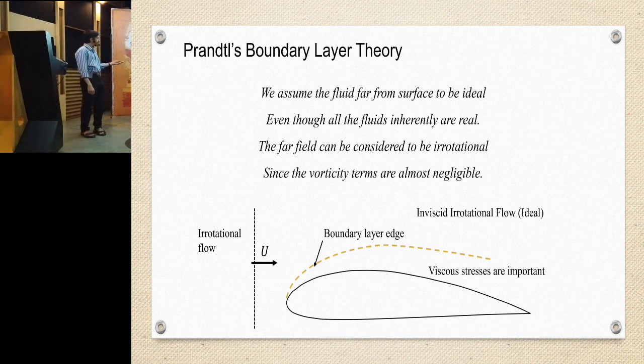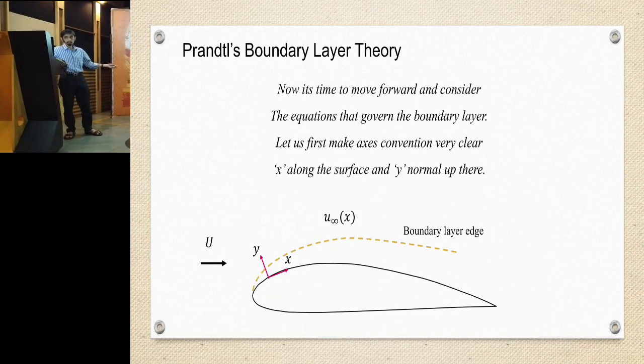So you can as well, although it is not strictly inviscid, because there is some viscosity there, but it's an approximation. Even if there are vorticity sources present, they are going to be negligibly small. So it's a good approximation to assume that it is irrotational outside, whereas within the boundary layer, the viscosity will be important.